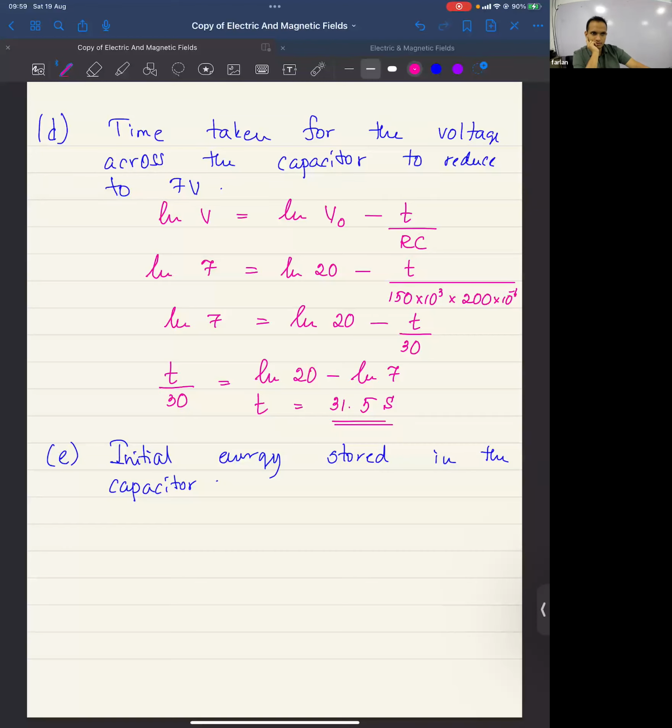Wrong, it doesn't work like that. You have to take the time taken for the new voltage to become 7. So V will be 7.